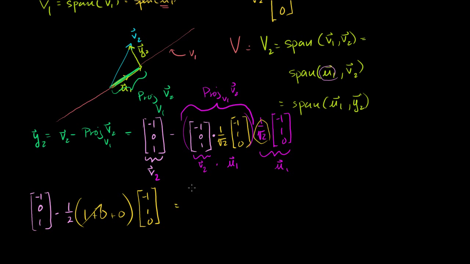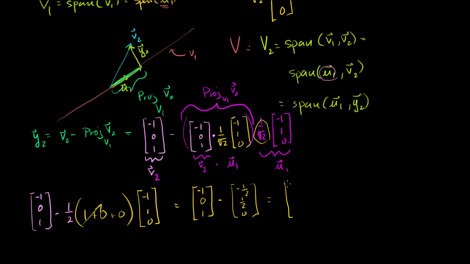So this is going to be equal to the vector minus 1, 0, 1 minus 1/2 times this, so 1/2 times minus 1 is minus 1/2. We have 1/2, and then we have 0. And so this is going to be equal to minus 1 minus minus 1/2.